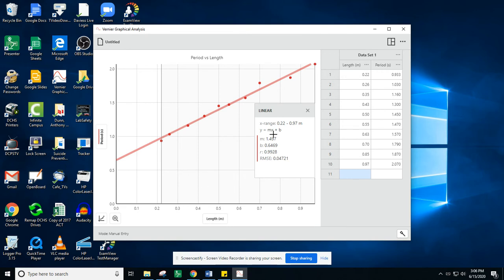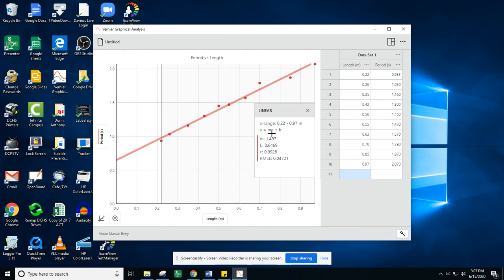And on the x, you'd replace that with L for length. And then you have plus 0.65 seconds. So I want you to think about that. Period equals 1.5 seconds per meter times the length plus 0.65 seconds.